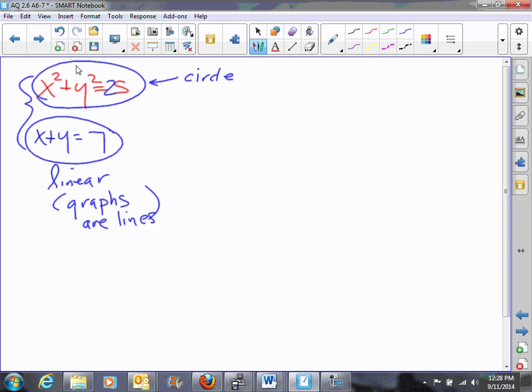Now, what I'd like to do is show you two ways to solve this system. The first way is to use substitution, which is a method of solving systems that was presented to you back in an earlier video in our course.